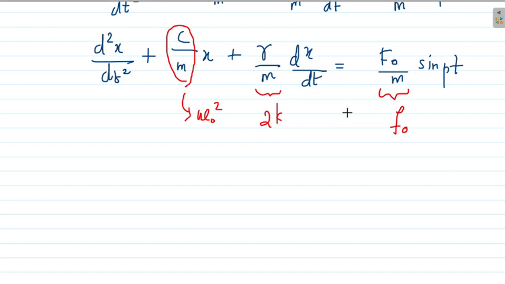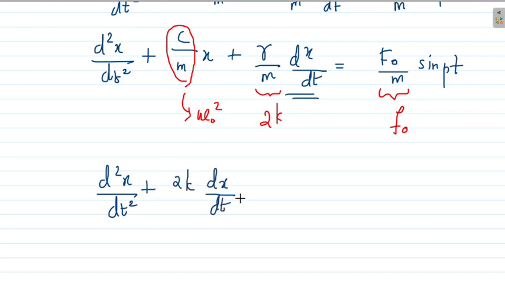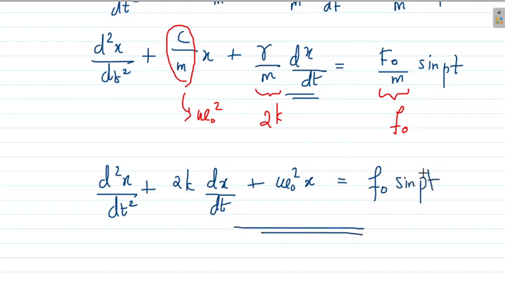And modifying the above equation, we may write d square x by dt square plus 2k into dx by dt plus omega 0 square into x is equal to f0 sin pt. So this is a differential equation corresponding to the forced harmonic oscillator.